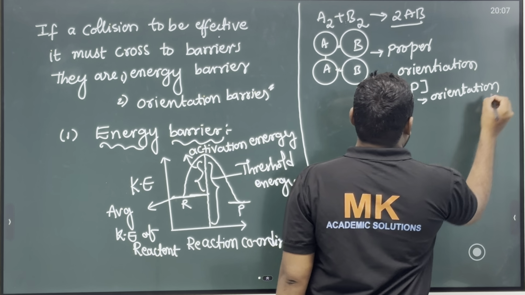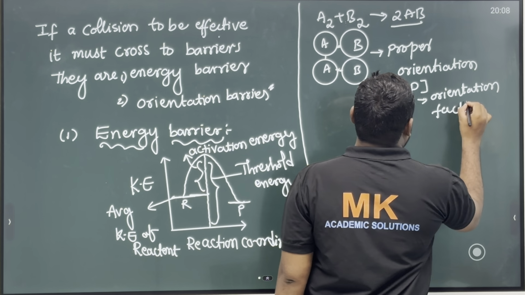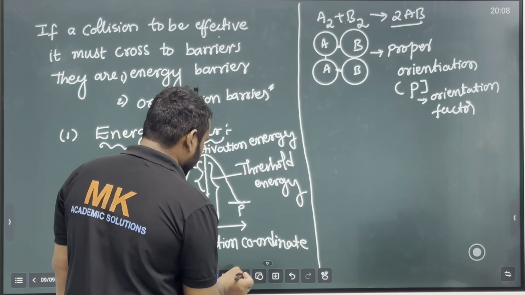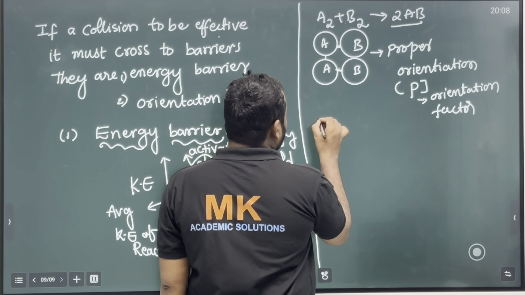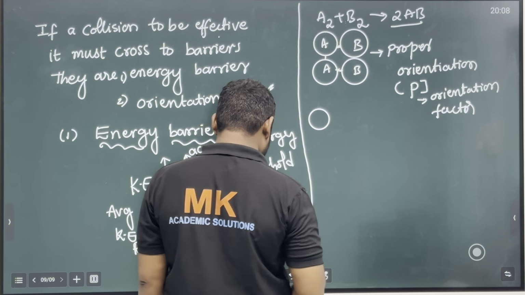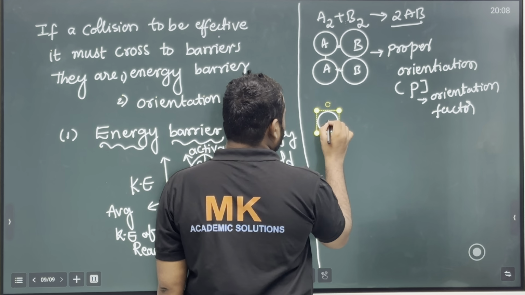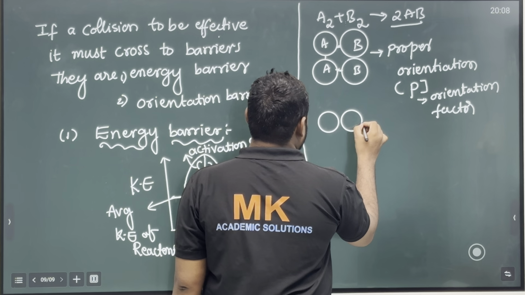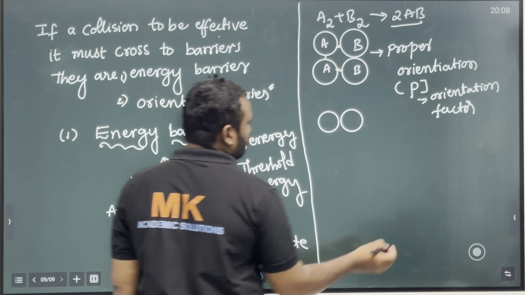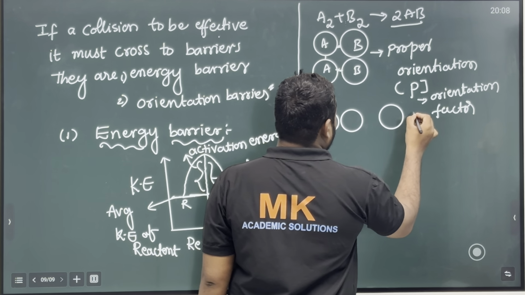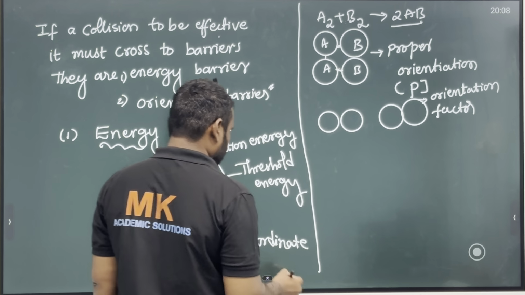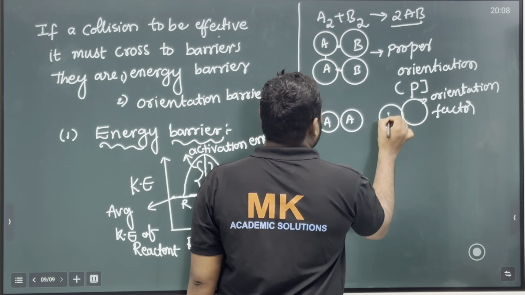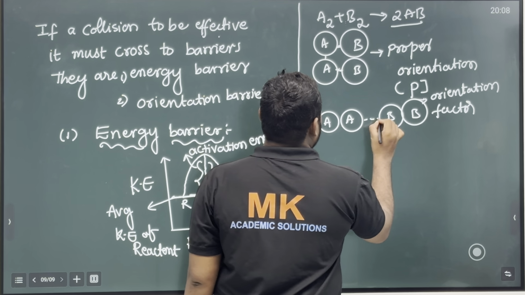What is P here, children? Orientation factor. Say if they collide like this, let us assume they collide like this. Here this is A, and this is B. So now they are colliding like this.